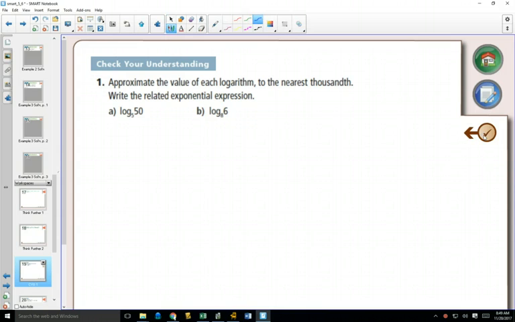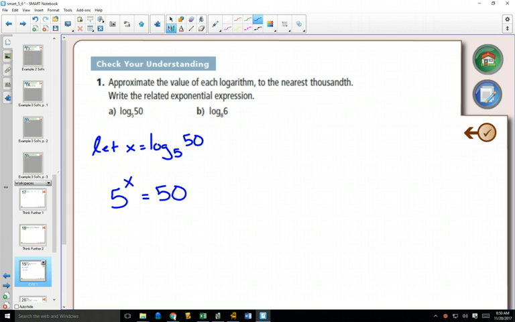So for log 5 of 50, if you let x equal log 5 of 50, then this is really asking 5 to what power is 50. And if we had to estimate this without our calculator, between what two numbers would it be? 2 and 3, because 5 squared is 25, 5 cubed is 125.